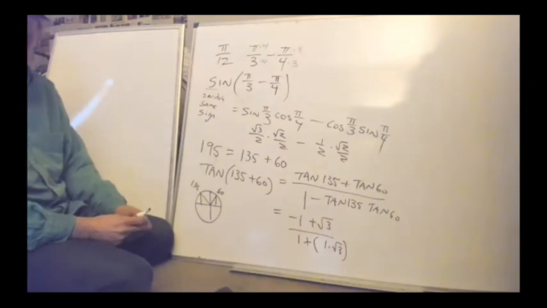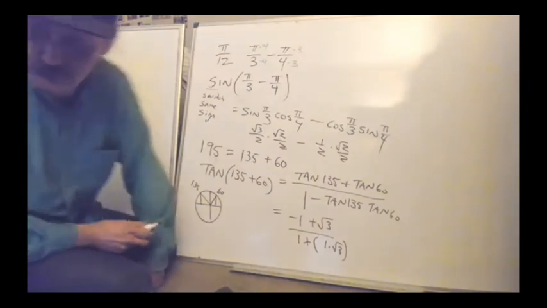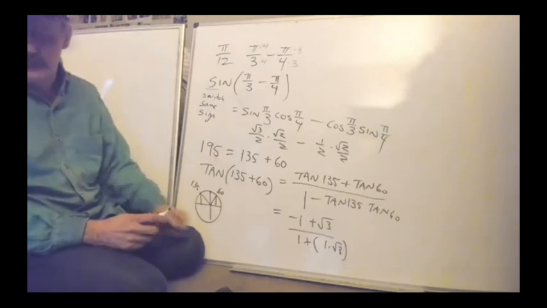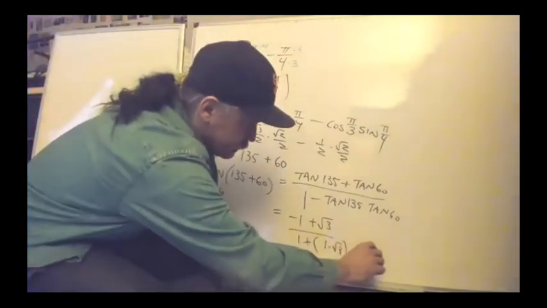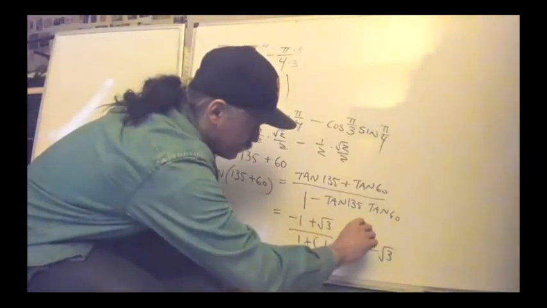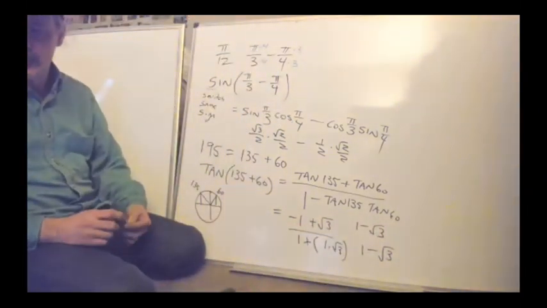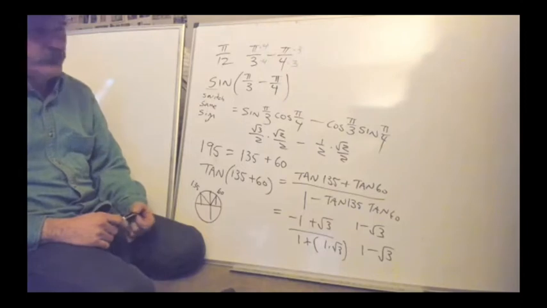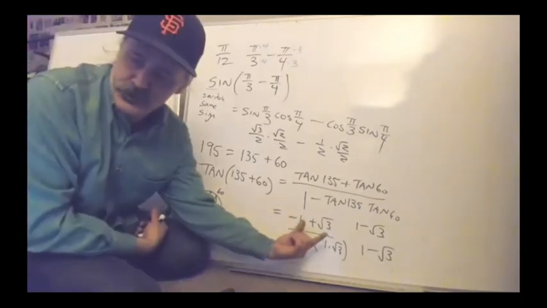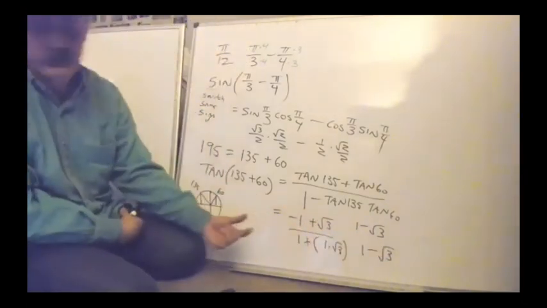And that's basically it, but that's not rationalized. So even though that's right, we tend to want to rationalize. So that would mean multiply top and bottom by 1 minus root 3 to go ahead and rationalize that. Now, again, maybe you're good with multiplying two terms to two terms in your head.